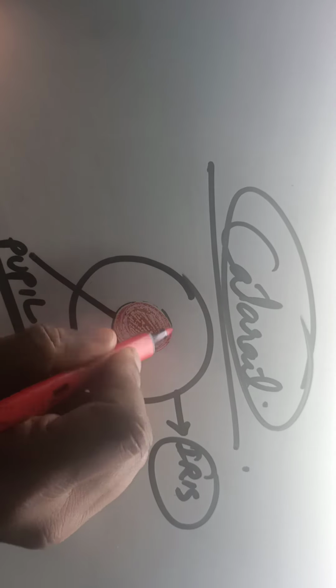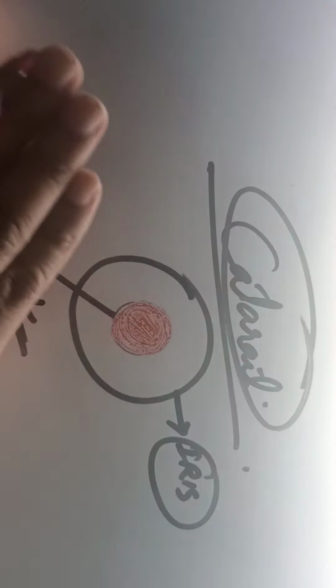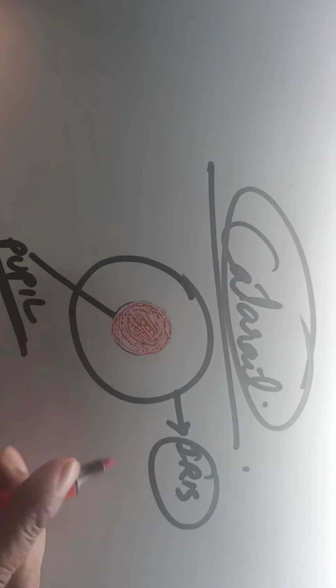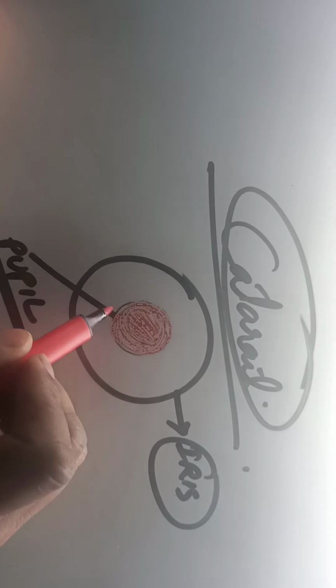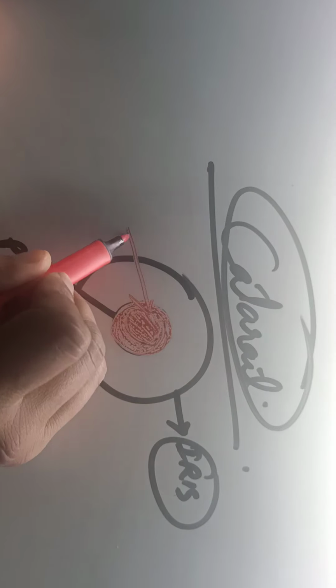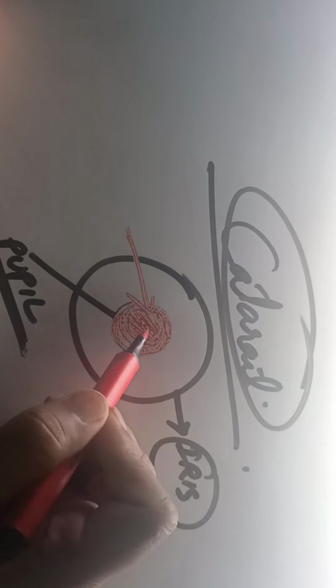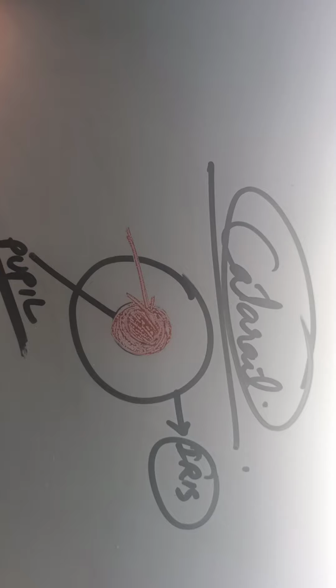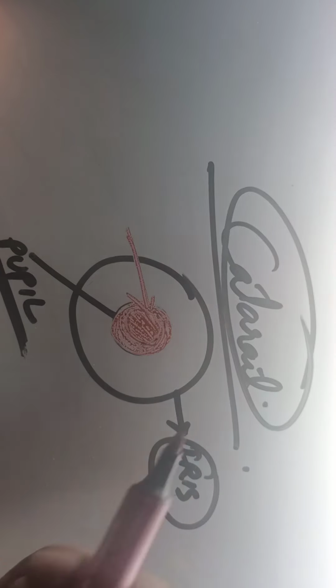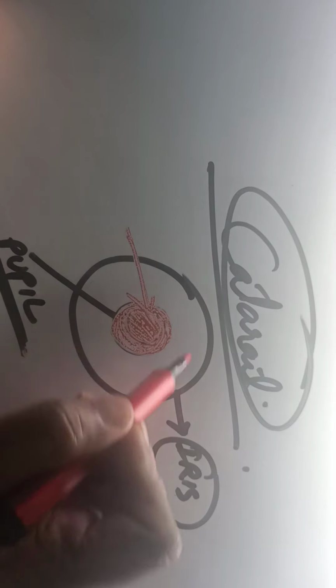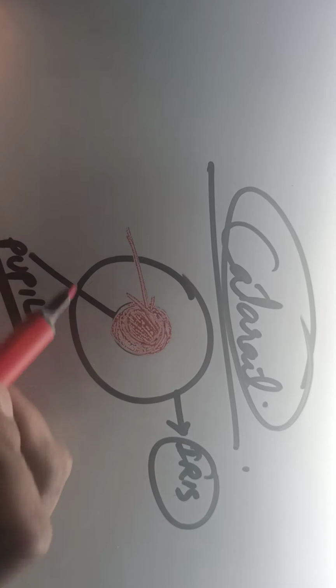Now when that happens, light cannot enter, and gradually the person will not be able to see anything. That problem, where you find a white growth on the pupil, is what we call cataract.